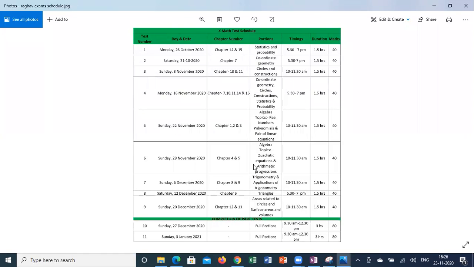If it were completely different portions, then we could look into that. But since the same topics are in your school examination, it's better to write once. Okay, sir.